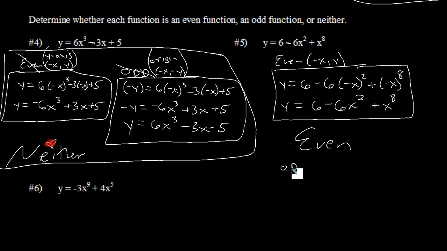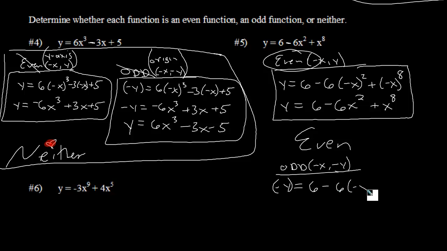Is it odd? Change the sign of x and y to see if it's odd. So we get negative y equals 6 minus 6 times negative x squared plus negative x to the 8th.